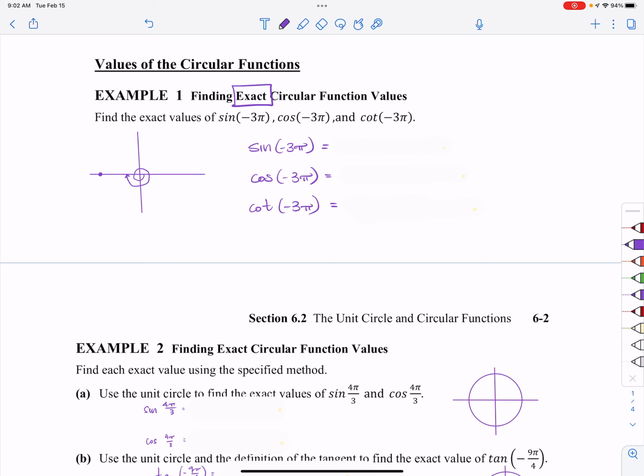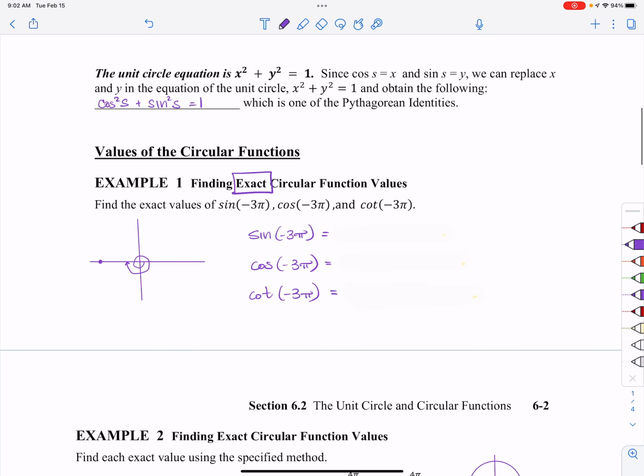And something else that you will want to know, this phrase circular functions is code for work in radians. So when it talks about circular functions, just understand that that's a hidden message to work in radians.